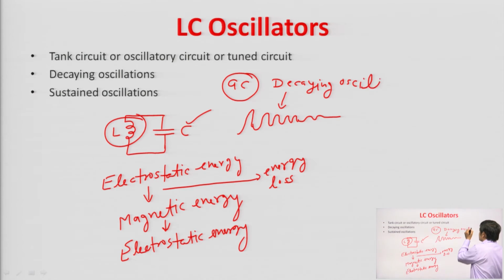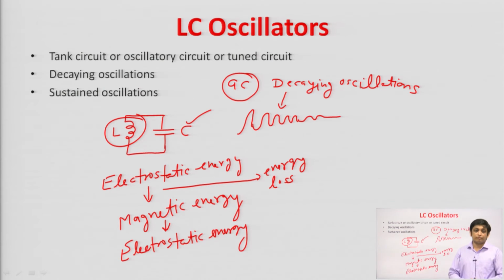Decaying oscillation means the oscillations are decaying, going to die out, right. So, what is the result? We will not get any oscillations. As per the concept we were obviously getting oscillations, but after some time there will be no oscillations.